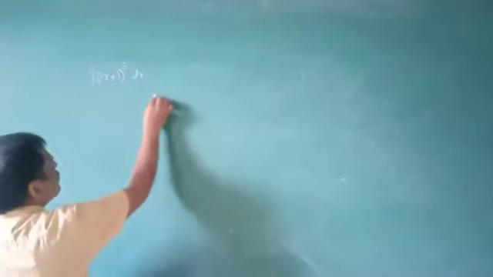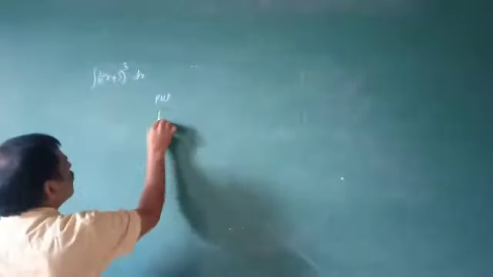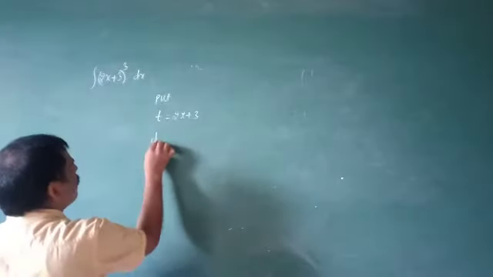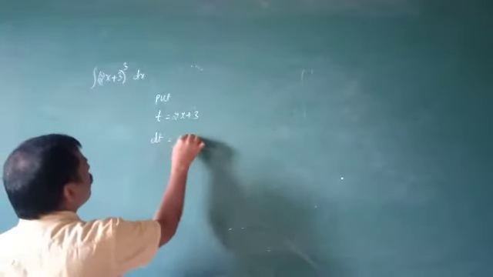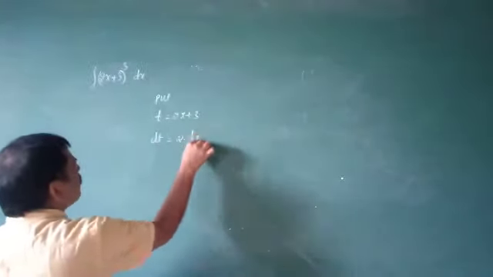Put t is equal to 2x plus 3. So dt is equal to 2 into the derivative of x with respect to x, which is 1, into dx. So dt divided by 2 is equal to dx.